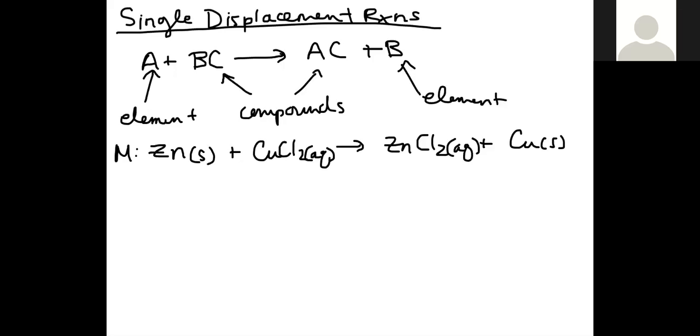So what am I going to break up for my complete ionic? The two compounds. This is very important. I'm going to repeat this several times today because I see this mistake so much. Do not give a charge to a neutral element, okay?